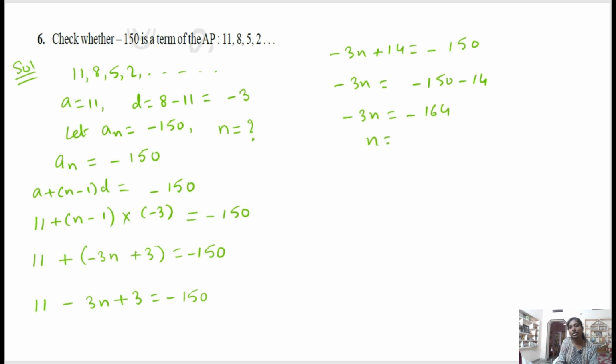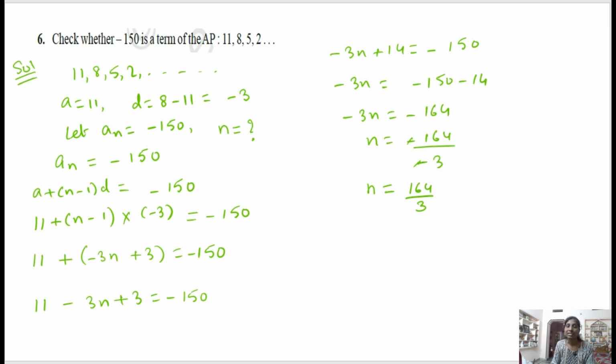So n is equal to minus 164 by minus 3. Minus minus cancel. Further, can you simplify it? No, because for 164, if you add the digits 1 plus 6 plus 4, you will get 11, and 11 is not divisible by 3. So the value of n is 164 by 3.